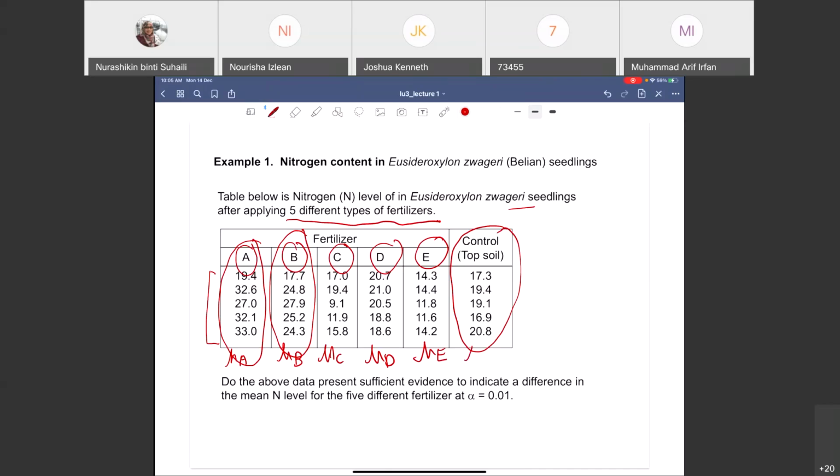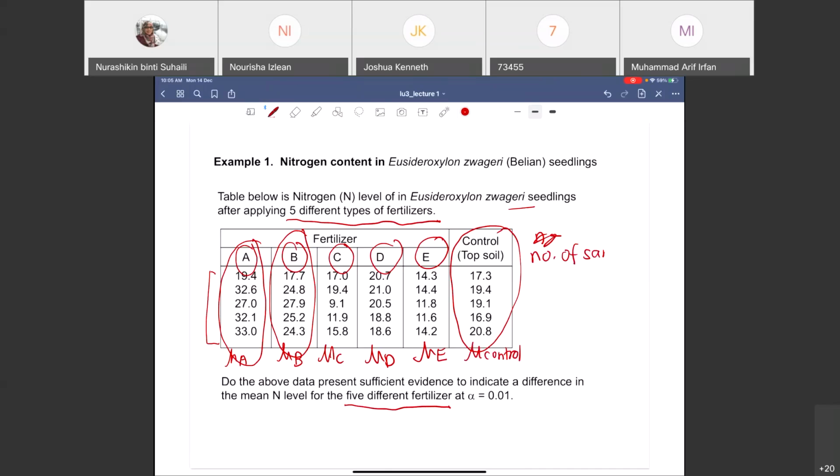So you have to add another one here, control. You understand what I'm saying here? This question is a bit tricky. Although it says 5 different fertilizers, you are comparing the fertilizers with the control. So the number of samples is actually 6.